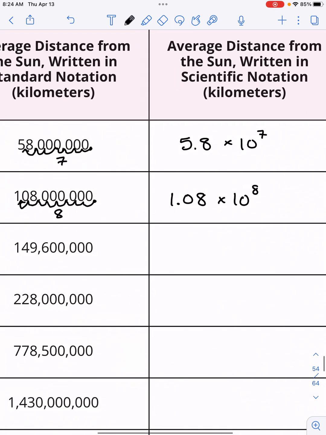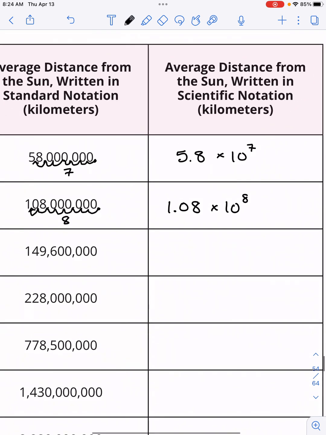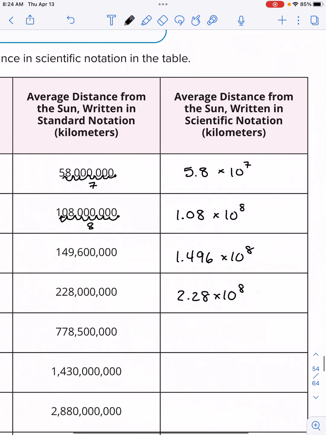But I'm going to give you the answers for the other ones as well. So this will be 1.496 times 10 to the 8th power. Mars is 2.28 times 10 to the 8th power. Jupiter, 7.785 times 10 to the 8th power, a lot of 8s.